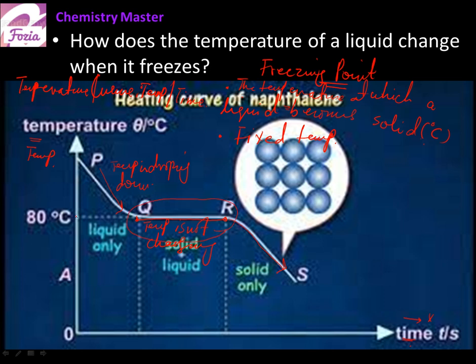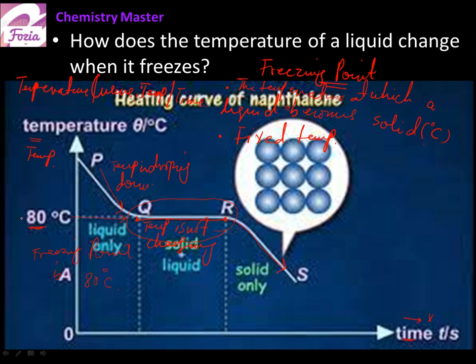Thus we look for the stage when the temperature remains unchanged for a while, and it is 80 degrees Celsius. So we got to know that the freezing point of naphthalene is 80 degrees Celsius.